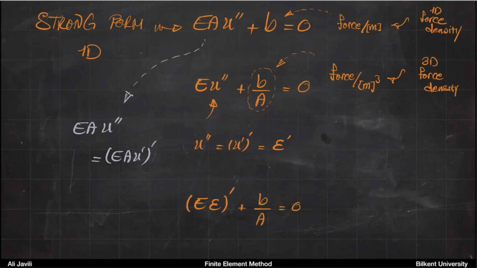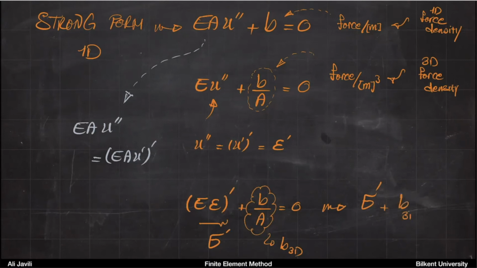Now let's call this B star for now, or B3D maybe. Let's just call it B3D. This thing is nothing but sigma prime. So basically it turns out that your strong form is the derivative of stress plus body force density is 0.